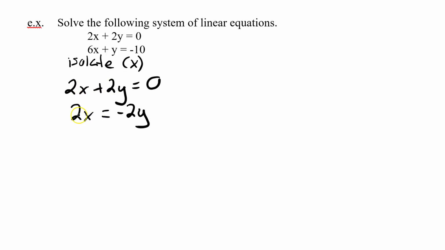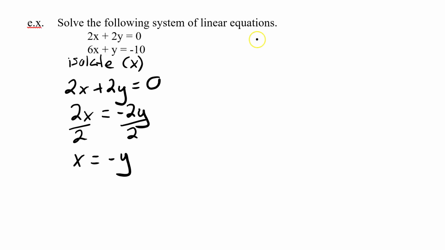It's multiplication, so I'm going to divide by 2. These will cancel out, and I've isolated my x equals negative y. So step 1 is to choose one equation and isolate one variable.